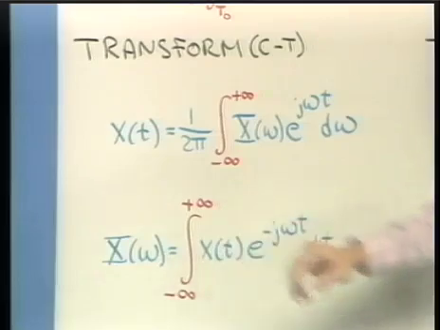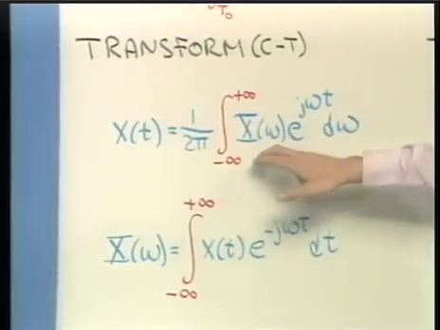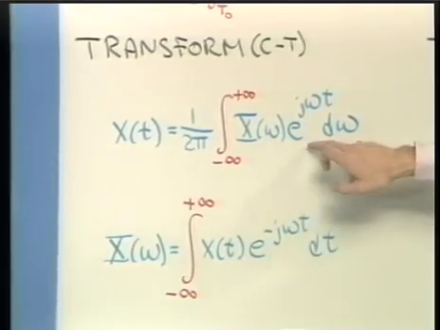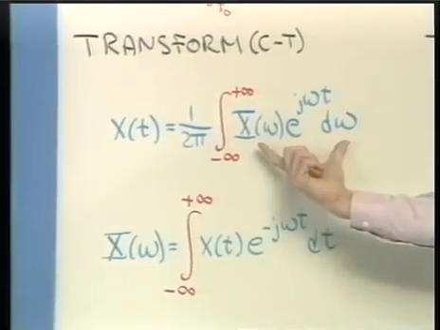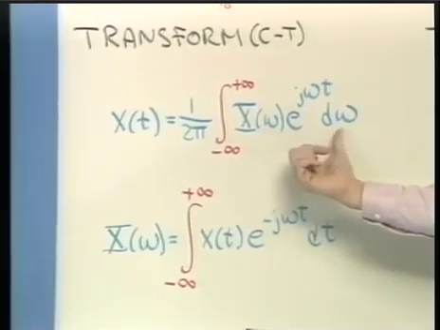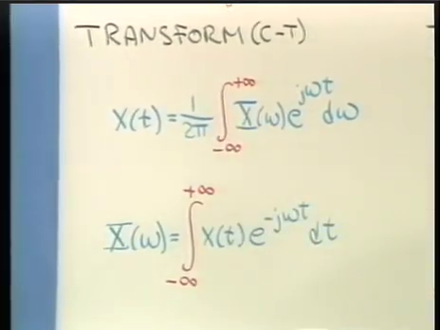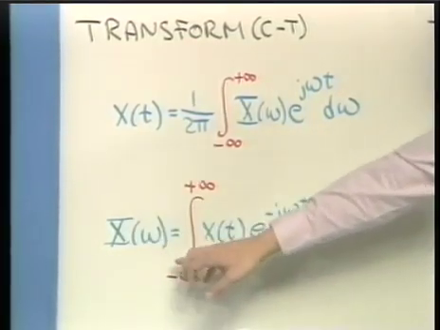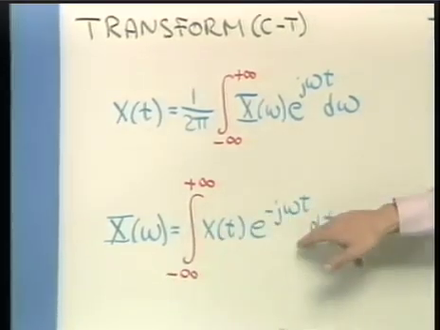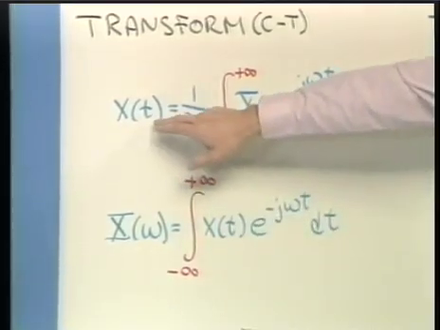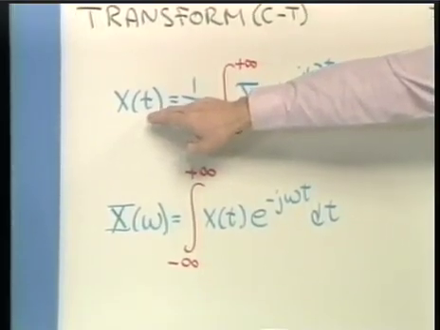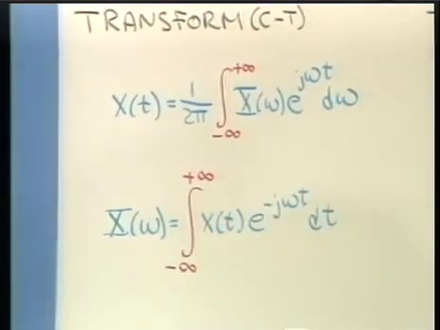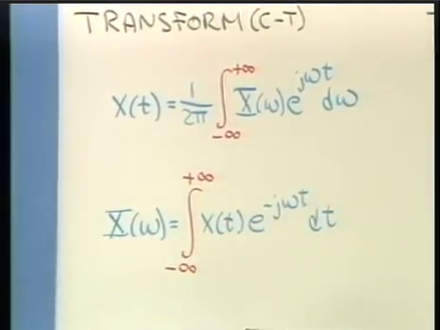This was for the aperiodic case, represented as a linear combination of infinitesimally close in frequency complex exponentials with complex amplitudes given by X(omega) d omega divided by 2 pi. And we had, of course, the corresponding analysis equation that told us how to get X(omega). Here we have a continuous time function which is aperiodic and a continuous function of frequency which is aperiodic.